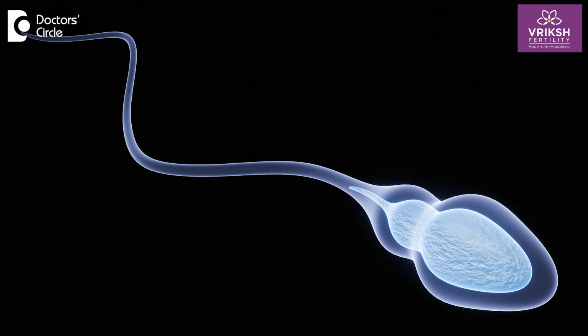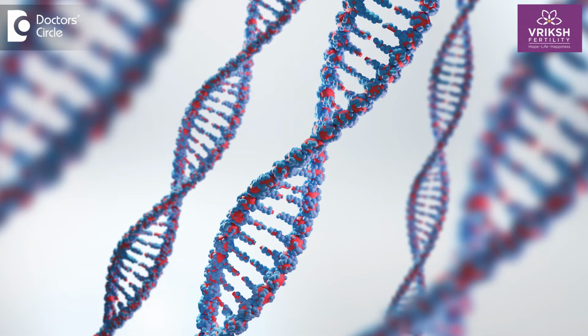Apart from this, we have to check whether the egg quality was good or not, whether the embryo quality was good or not, how was the sperm. We may need to assess the sperm as well and do additional testing like the DNA fragmentation test. So in the DNA fragmentation test, what we do is we check whether there are DNA damaged sperms, and how many percentage of them are there in the entire semen sample?